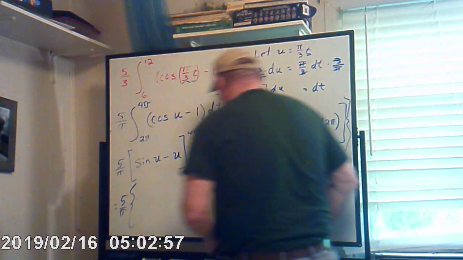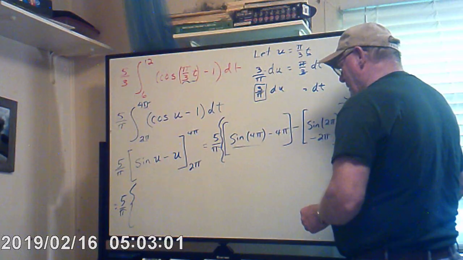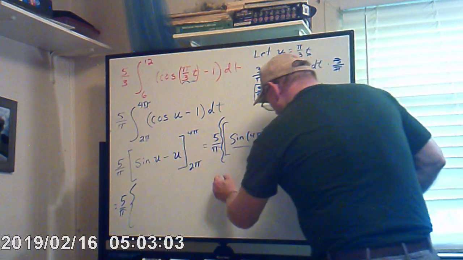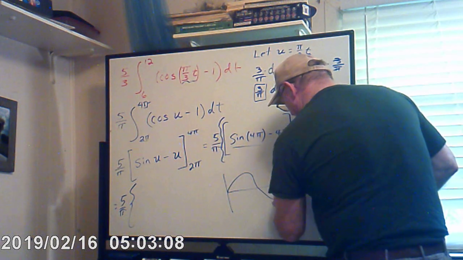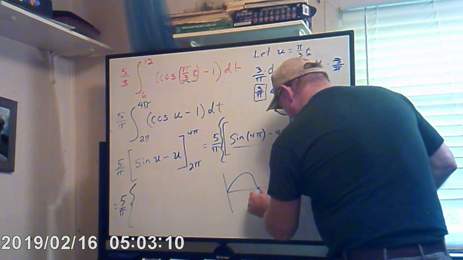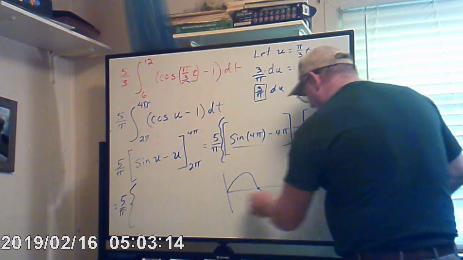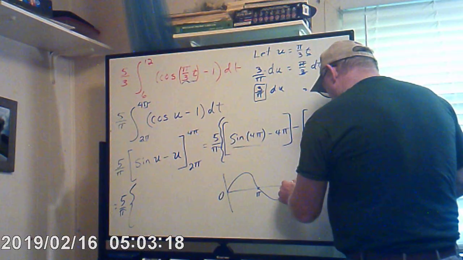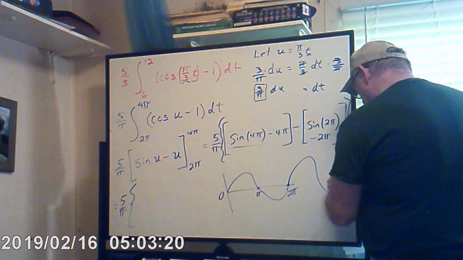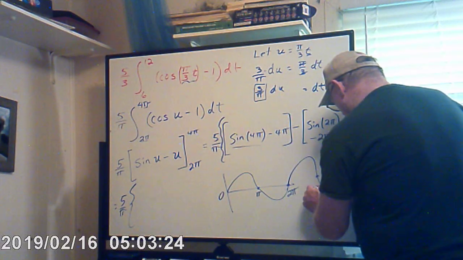Alright, all of this. Now let's think of sine 4 pi. Let's get an answer for that. I know what sine looks like. Like that. And I know this is pi. I know this is 2 pi. Well, I already know that 2 pi is 0. I already know that's 0. Well, 4 pi is going to be the same because I'm going to make another wave. This is 3 pi.